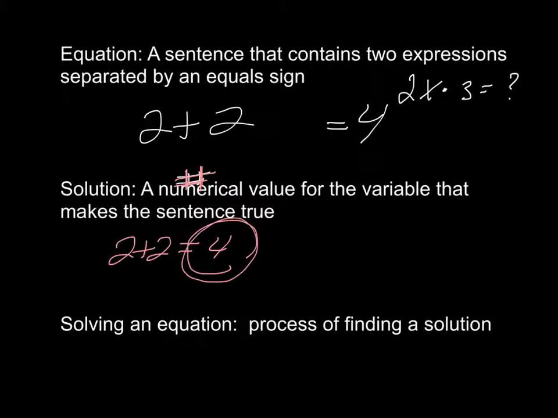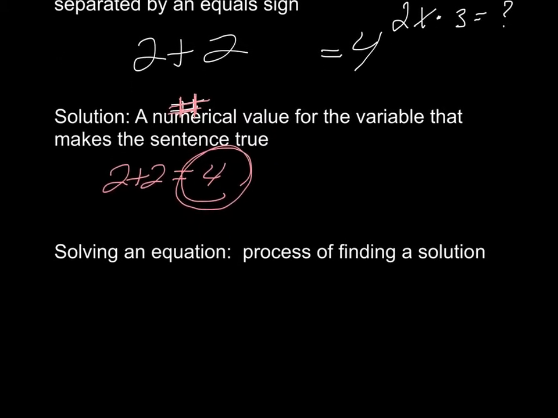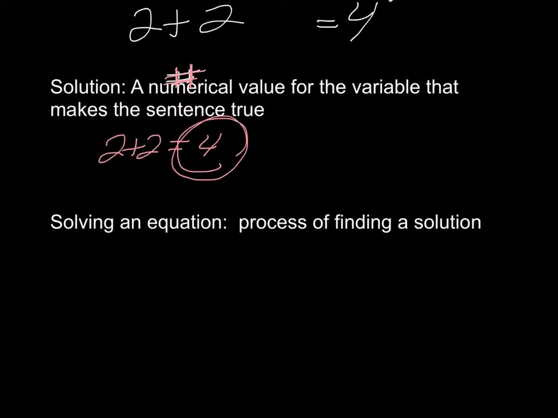And the next thing I'm going to take a good look at is solving an equation. Ladies and gentlemen, solving an equation is really the process of finding a solution. So if I had an equation that was 2x plus 3 equals 12, in the process of solving the equation, we have to figure out what x equals.